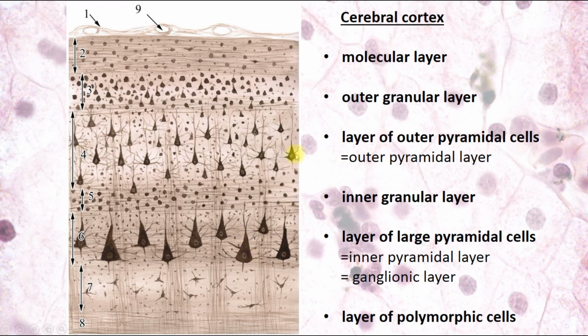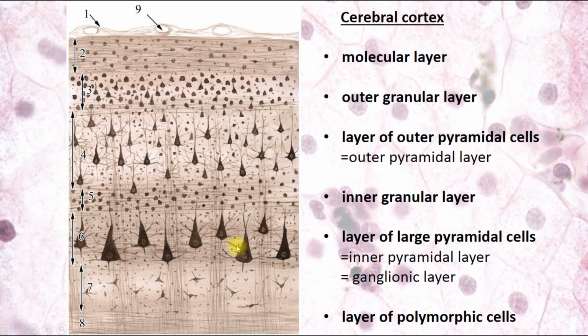And let's compare outer and inner layers. Outer has bigger thickness, but inner has bigger cells. There are giant pyramidal cells which are known as Betz cells. Here we can see the biggest cells in our brain, and they also are described as the biggest cells in our organism.